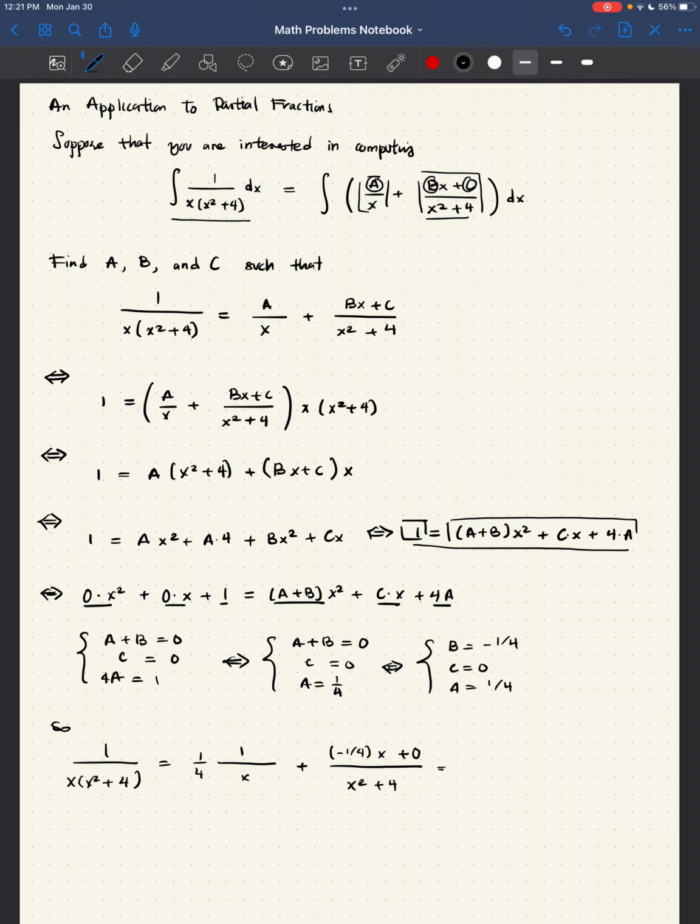And if you want to write it, this is 1/4 times 1 over x minus 1/4 times x over x squared plus 4.